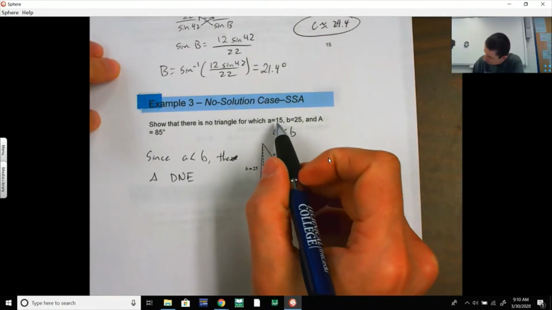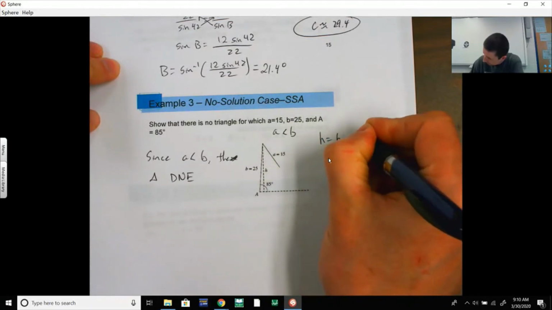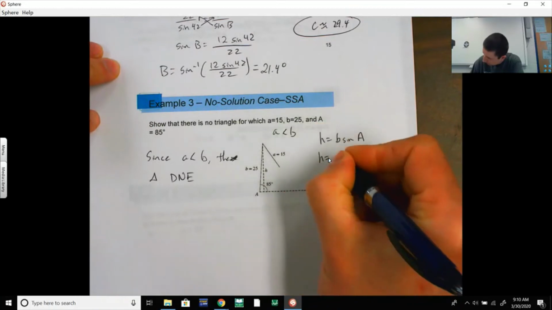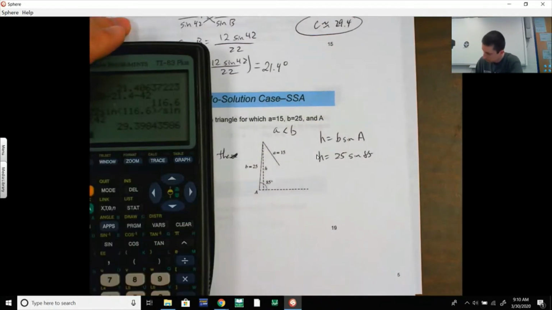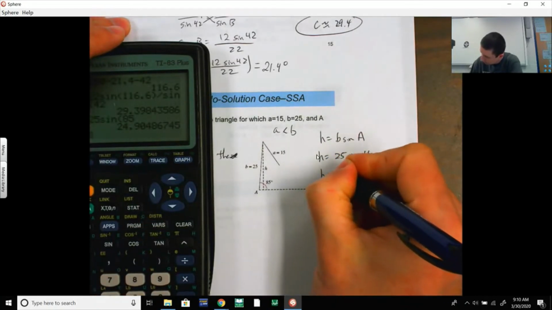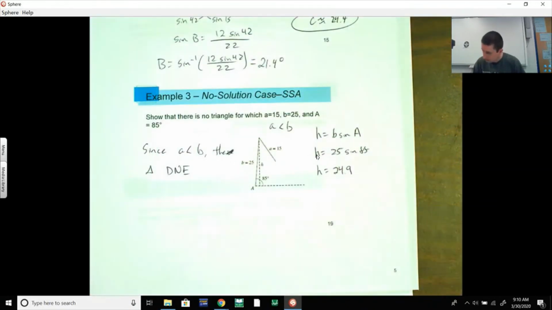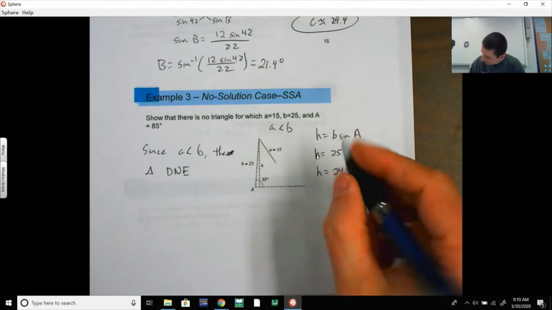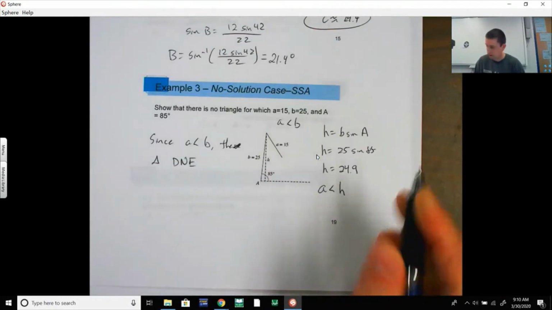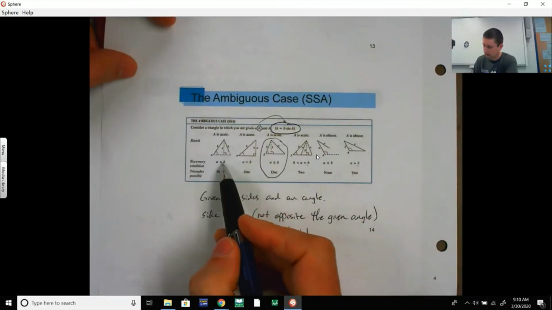Let's check h. h, remember, is b times the sine of A. So h is 25 times the sine of 85. h is 24.9. That's really close to 25. So a is less than b, and a is less than h. So that is that right there.